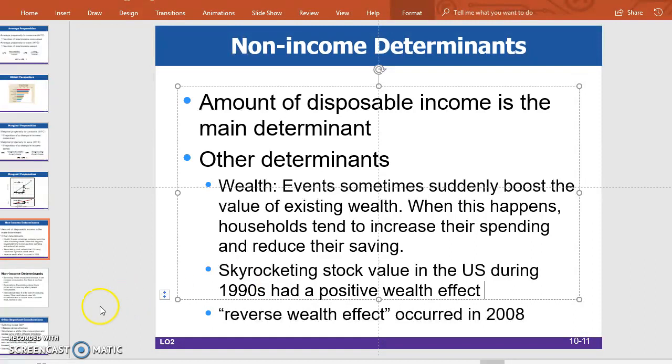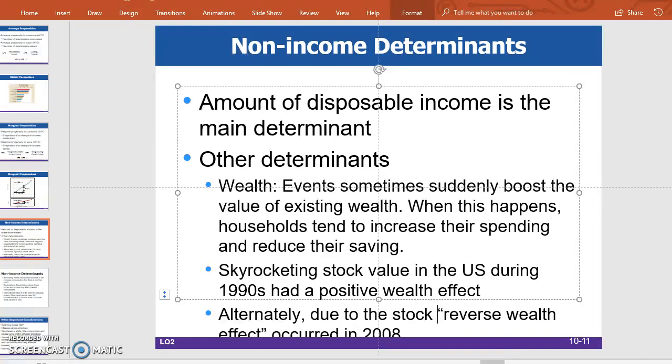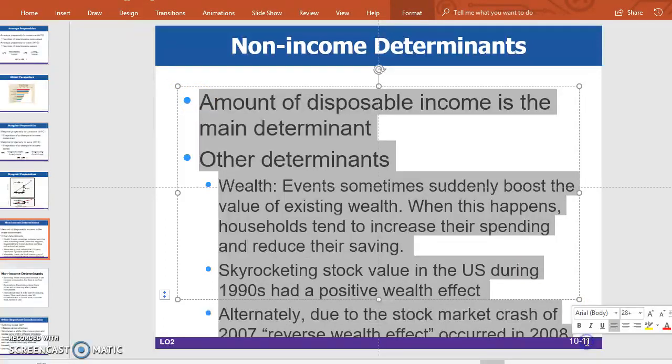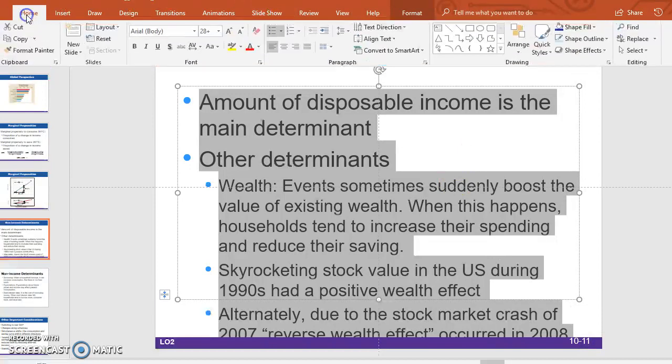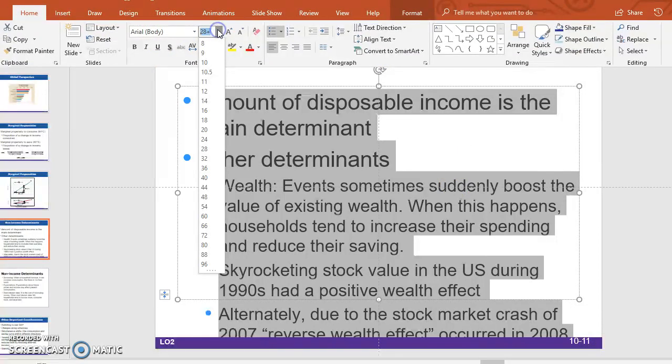And alternately, when the stock market crashed in 2007 and 2008, there was a reverse wealth effect. Which means that people invest in the stock market, but suddenly there is a stock market crash and the price of stocks comes falling down.